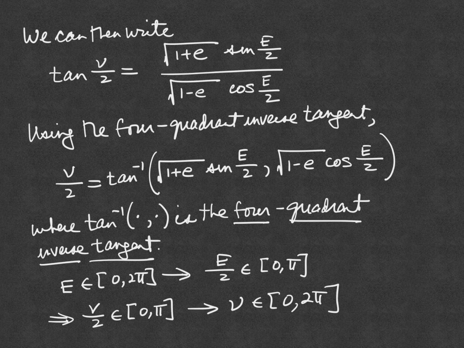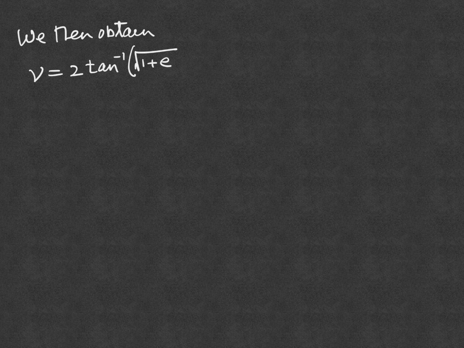So we can actually write the angle nu in terms of E directly from this last result. So we then obtain that nu is equal to 2 times the 4-quadrant inverse tangent of the square root of 1 plus e times the sine of E over 2 and the square root of 1 minus e times the cosine of E over 2.